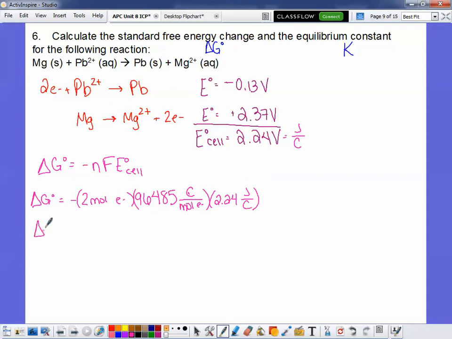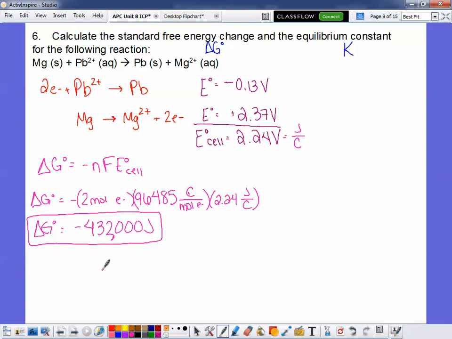So go ahead and calculate delta G. All right, so what do you get as your delta G? All right, so negative 432,000 joules. And let's think about that number.